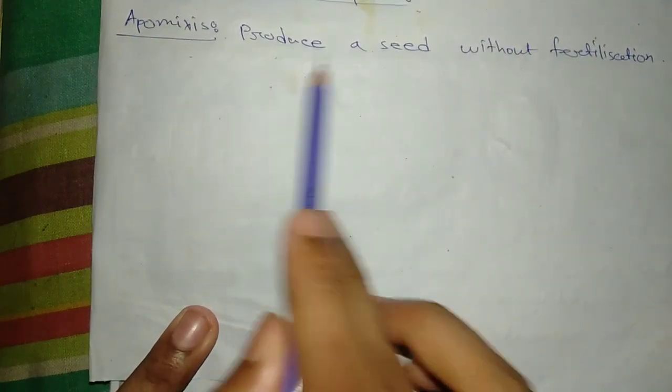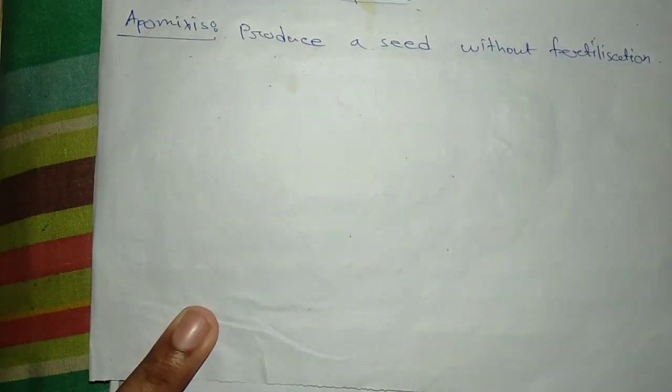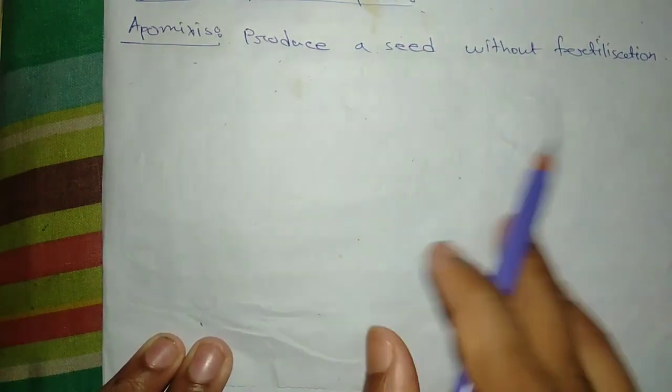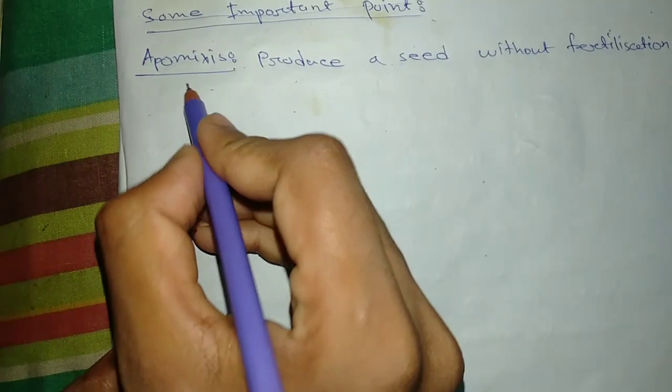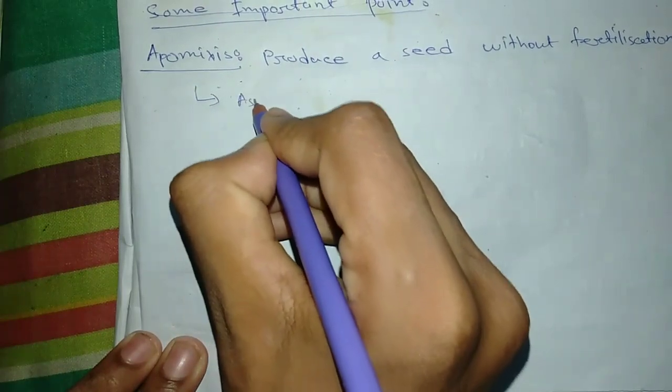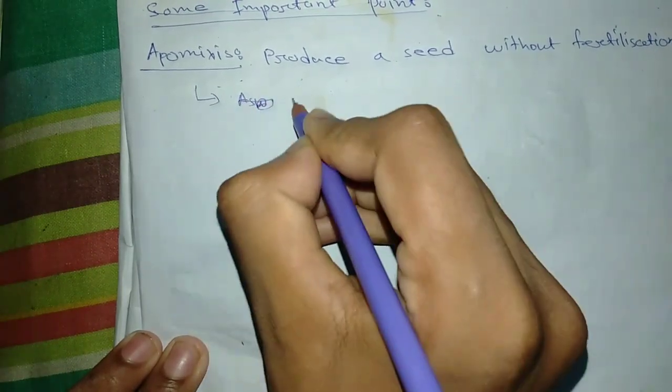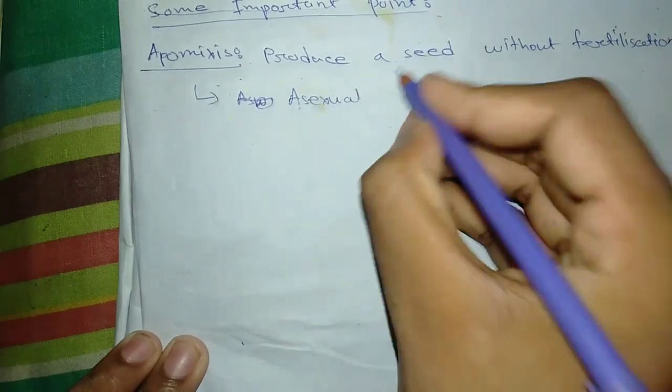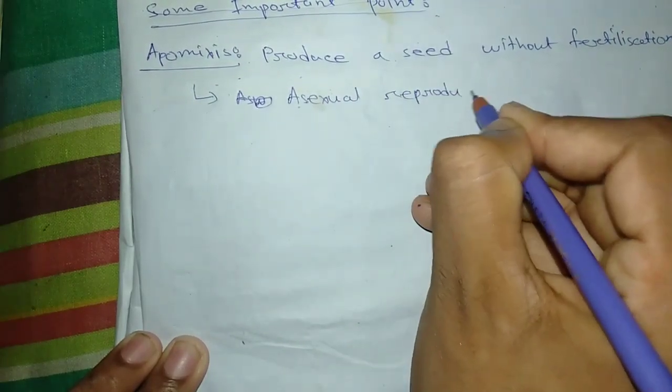That means to produce a seed without fertilization. When a seed is formed without fertilization, it is called apomixis. So apomixis is an asexual reproduction.